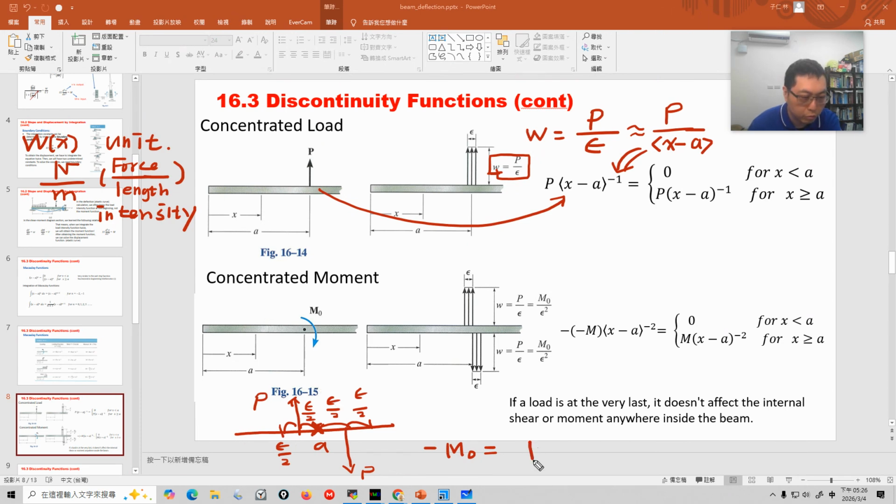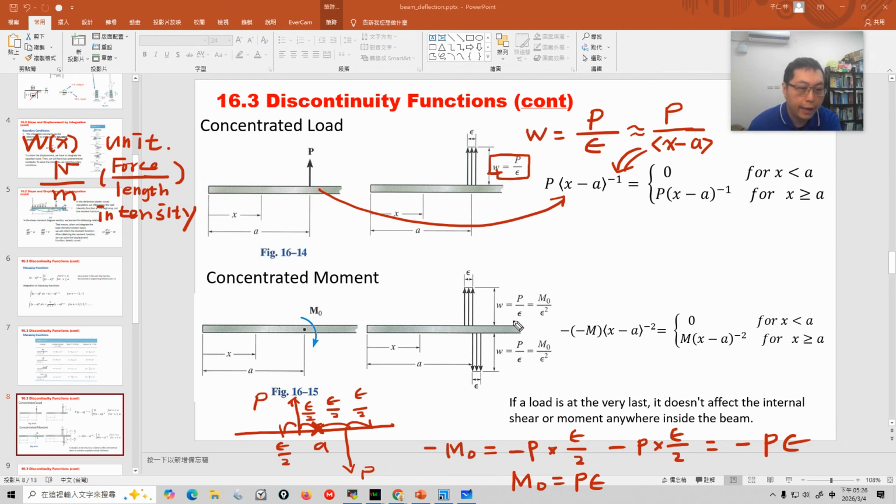So it's equal to P times epsilon over 2, and P times epsilon over 2, and it's all negative. So it's equal to minus P times epsilon. Then we reach a conclusion that m0 is equal to P times epsilon.